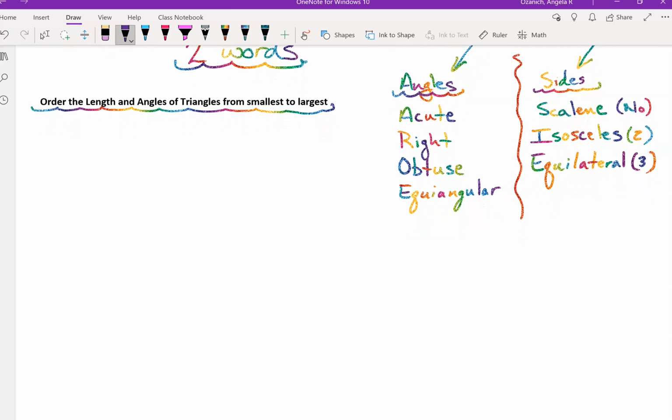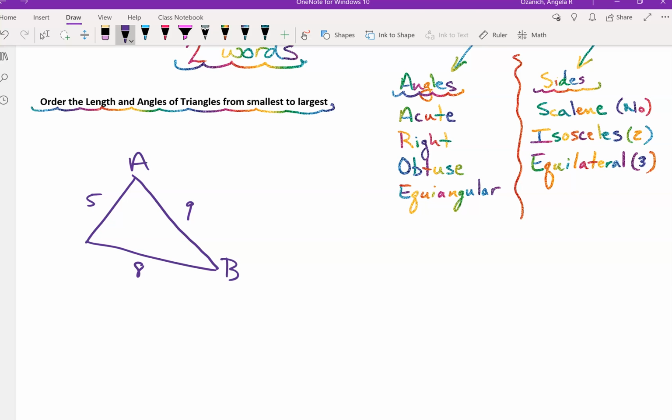All right, so let's draw a triangle here. I'm going to draw an acute scalene triangle, and let's say our sides are 8, this side is 9, and this side is 5. Okay, so I can order my sides from largest to smallest.